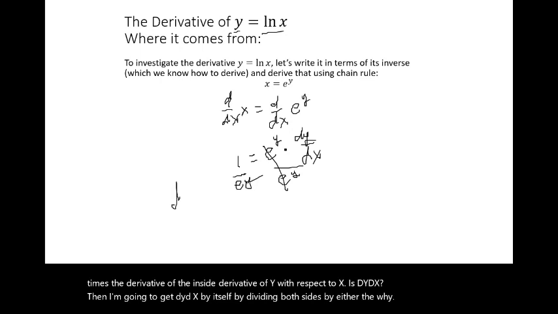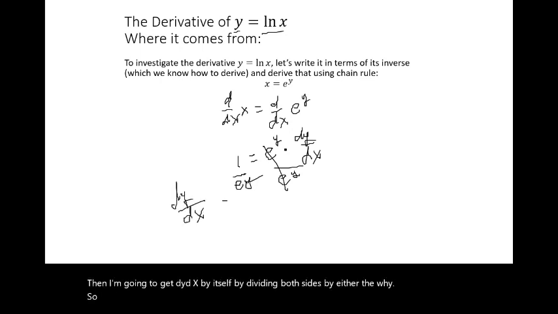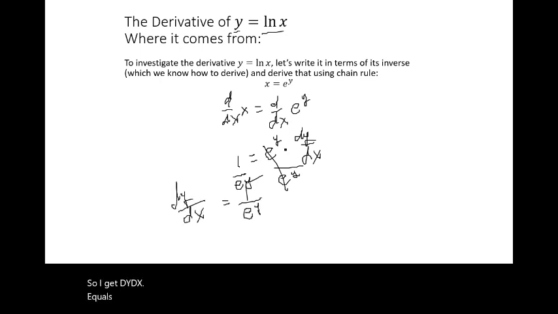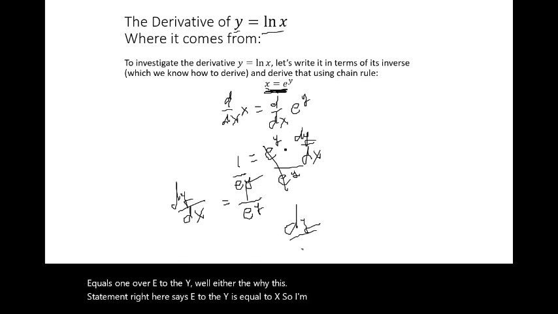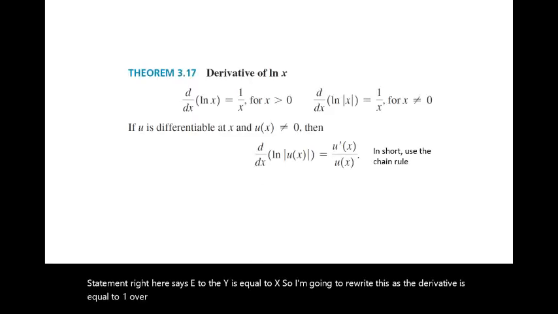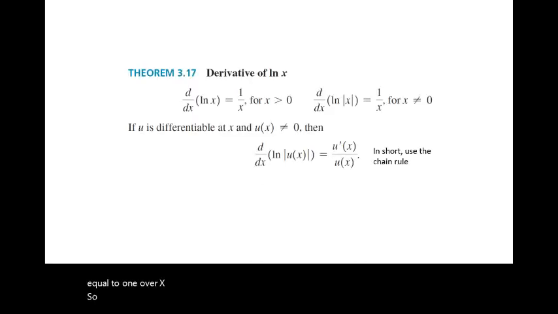So I get dy dx equals 1 over e to the y. Well, this statement says e to the y is equal to x, so I'm going to rewrite this as the derivative is equal to 1 over x. That was an explanation as to why the derivative of the natural log of x is equal to 1 over x.